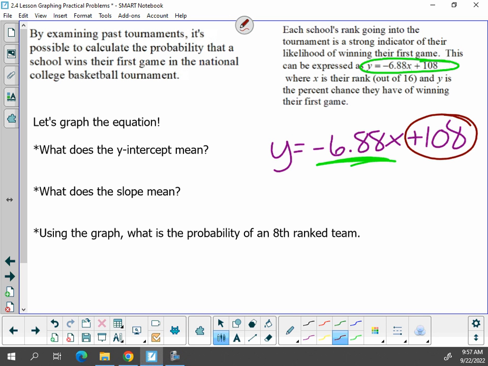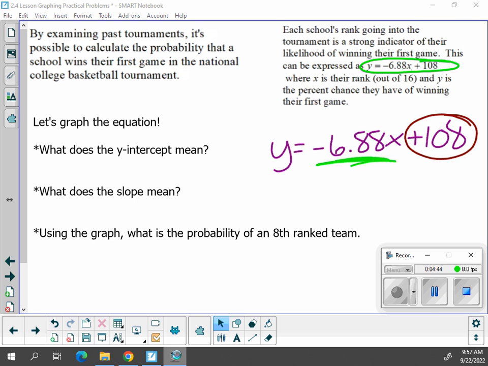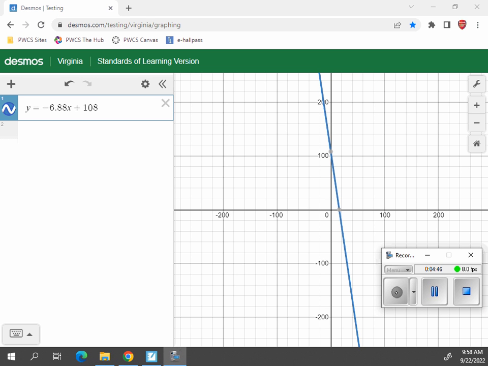And so we can interpret these things in the context of our problem. We are talking about basketball teams' ranks and their likelihood or their probability of winning a game in this tournament. And so when we have a y-intercept, let me graph that quick, this line. So I've graphed a line. When we have a y-intercept, the place where it crosses the y-axis, which is right there, the x value is 0.